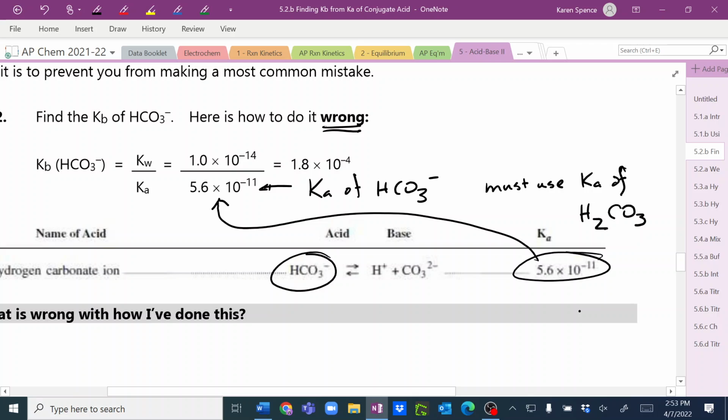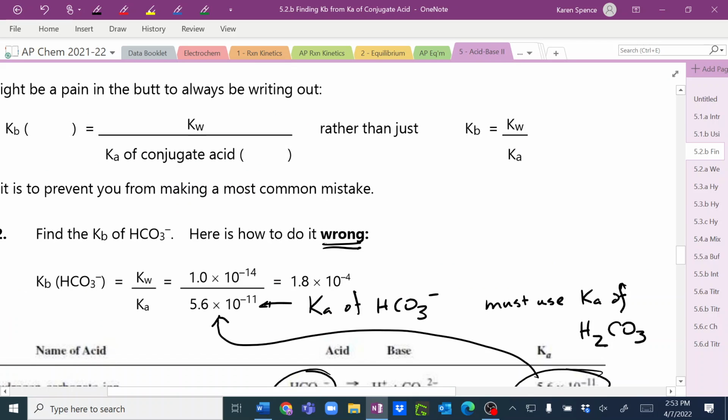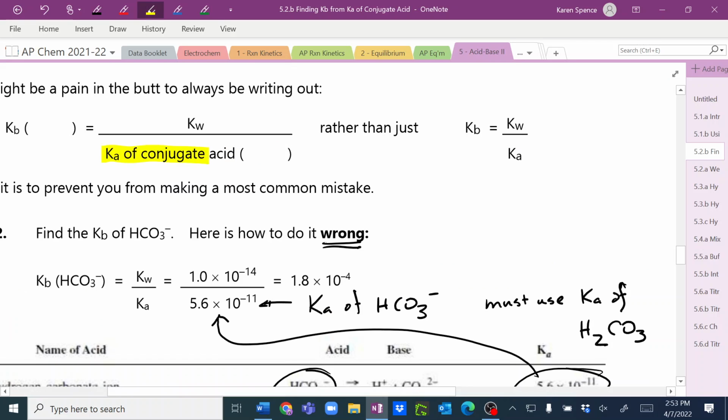Now, do you have to write out this whole thing every time? I would say probably not, as long as you can remember you're going to write Kb of whatever the base is, let's call it B minus, equals Kw over Ka of HB.